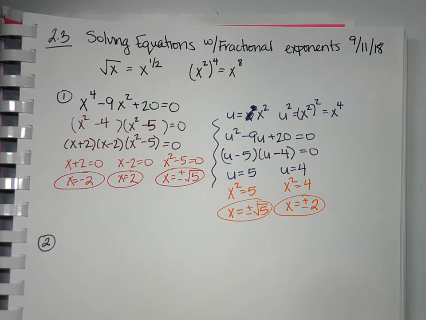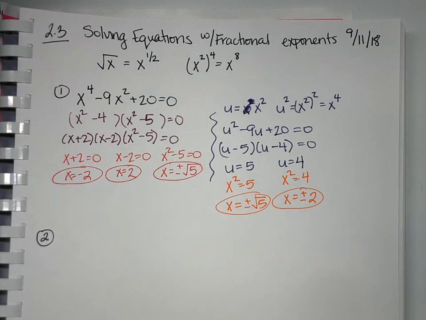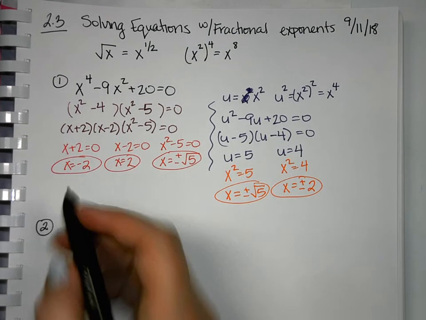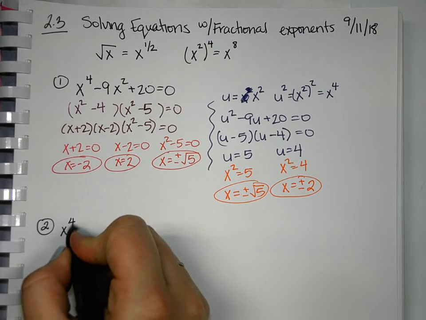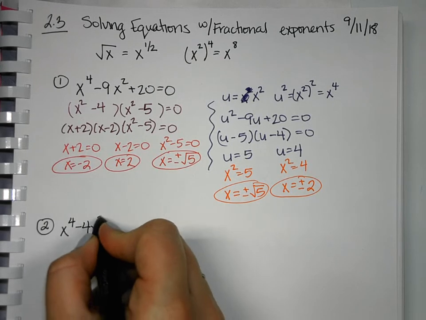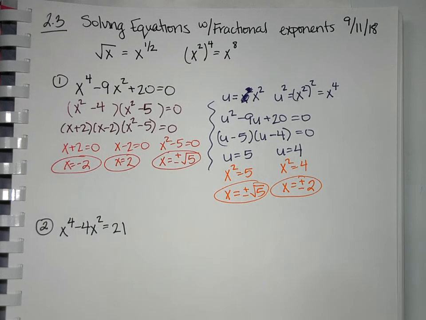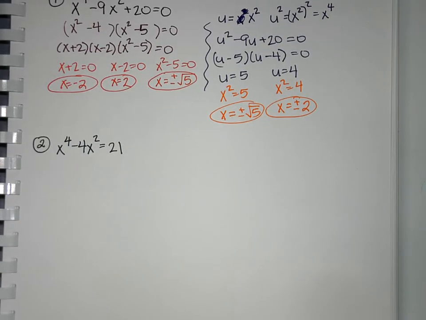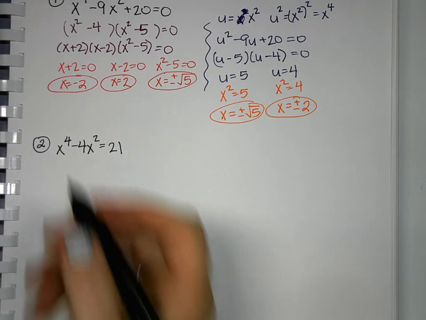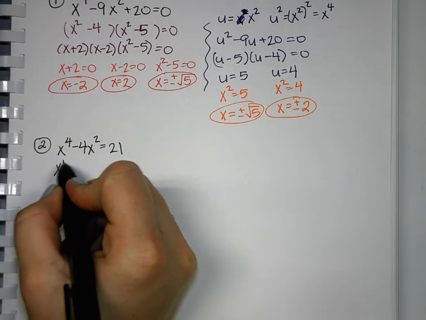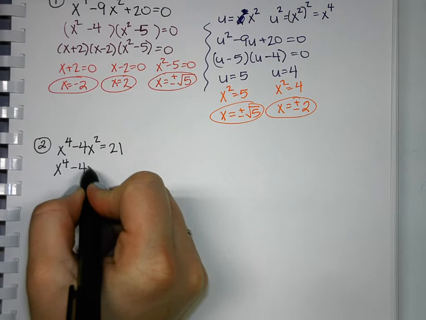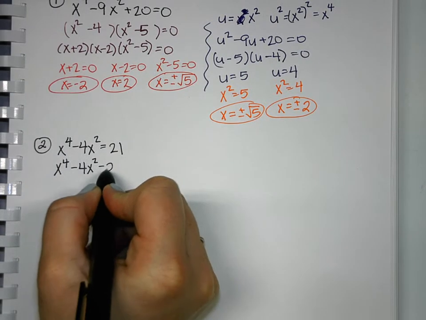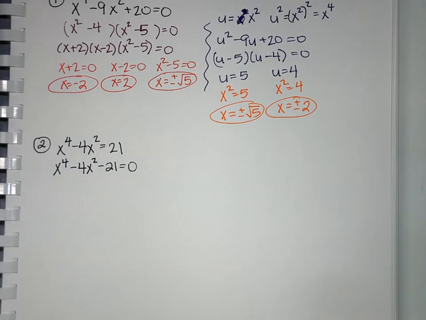Okay, so I'm going to do one more like this, where we have an x to the 4th. What you might want to notice on this one is that it doesn't equal 0 yet. When we do any of these, we have to get it equal to 0 before we can start solving our polynomial. So I'm going to subtract 21 from both sides.